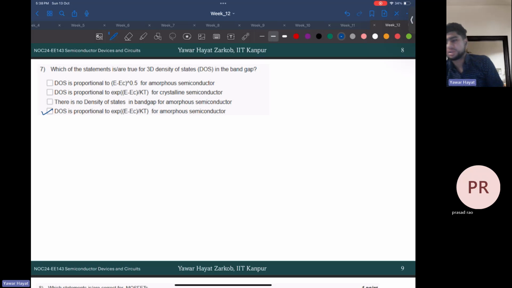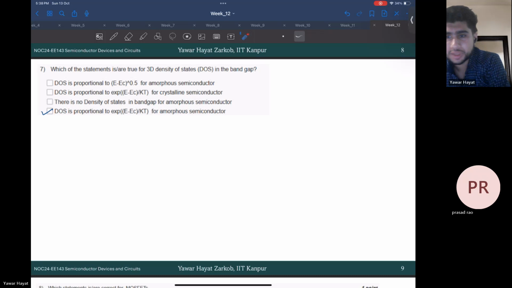So the most appropriate option in this case was the last one, that your DOS is proportional to exponential of E minus EC by KT for amorphous semiconductor. There is no square root type dependency in case of amorphous semiconductor. Is that fine? Prasad Rao, is this okay?